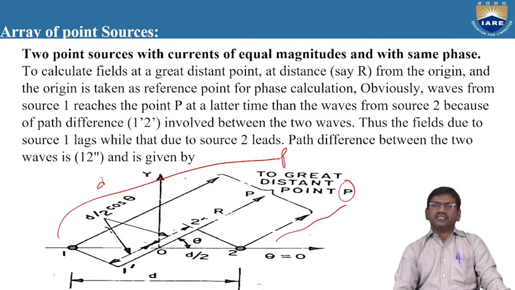That means there is some difference of distances between 2 and P and between 1 and P. Between 1 and P it is very large, between 2 and P the distance is very less.